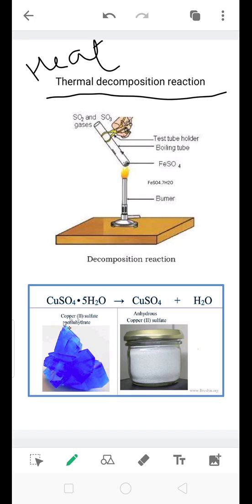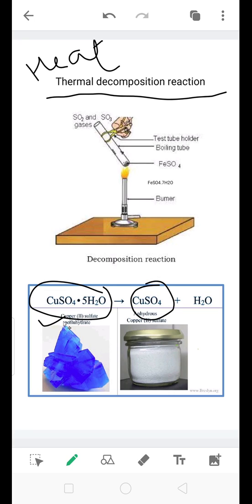See here, an example of thermal decomposition reaction: copper sulfate pentahydrated. Pentahydrated means in which 5 water of crystallization is present. When it decomposes in the presence of heat, it produces copper sulfate, which is white in color.